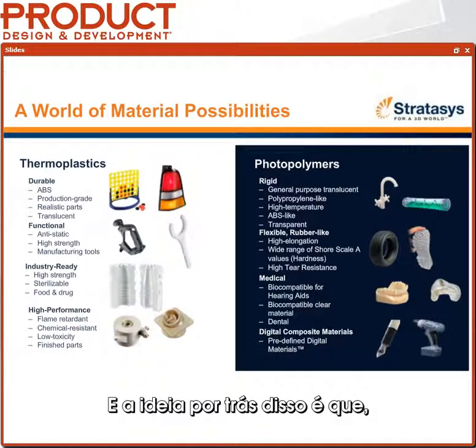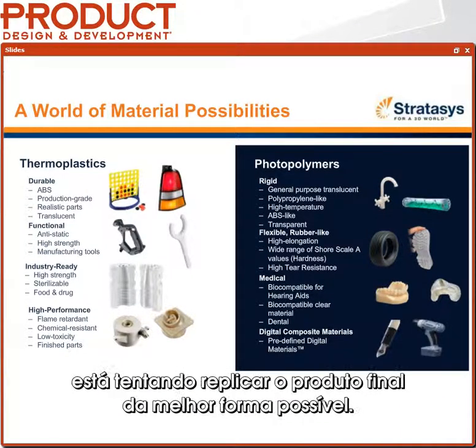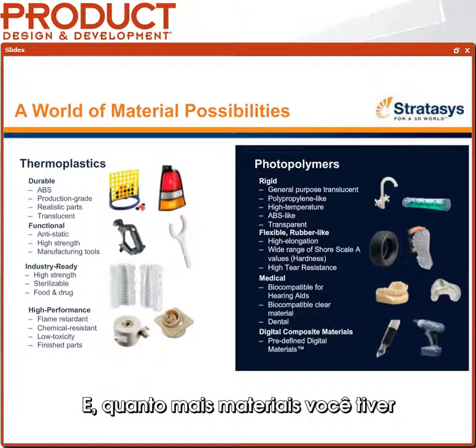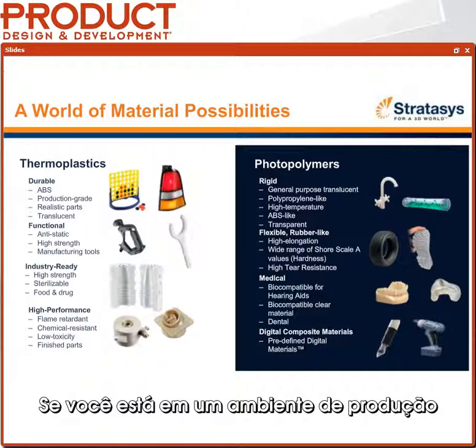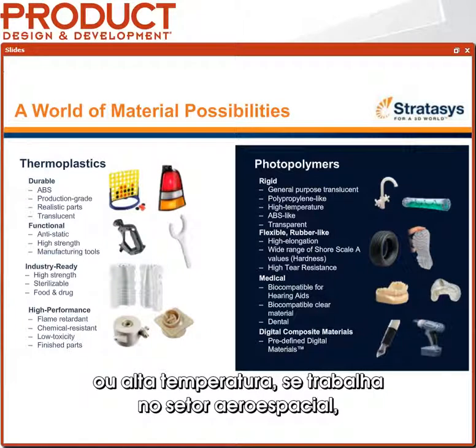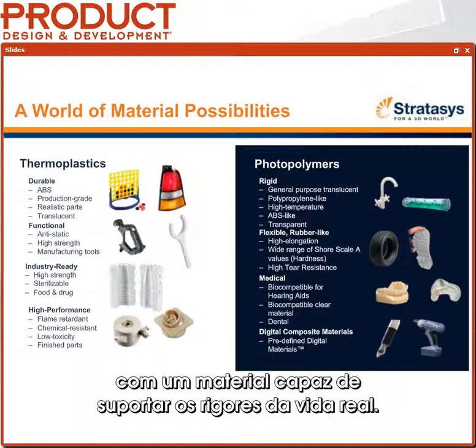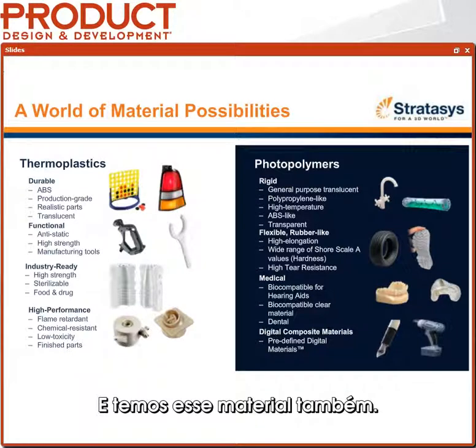And the thought behind this is, if you're designing a product, you're trying to replicate the end product as best you can. And the more materials you have at your disposal, the easier that's going to be. Or if you're in a production environment and you need a polycarbonate material or high temp material, you're in aerospace, you need to be able to produce that end part with a material that can withstand the rigors of real life. And we have that material as well.